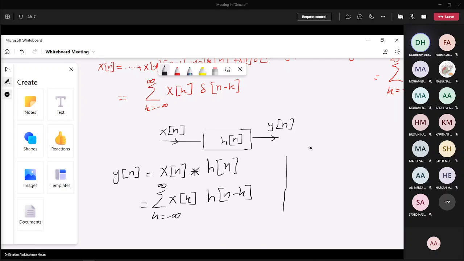If you change, so y of n, you can put h here and x here, and you will get the same result. So it is equal to h of n, again using convolution, with x of n, then it is equal to summation. Now this is the first one. The first one we keep constant. Sorry, h of k, and this one is x of n minus k.